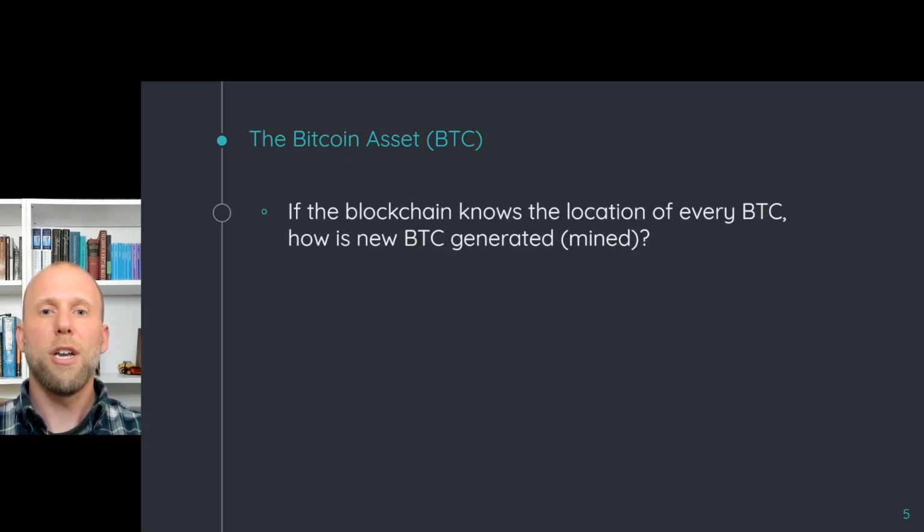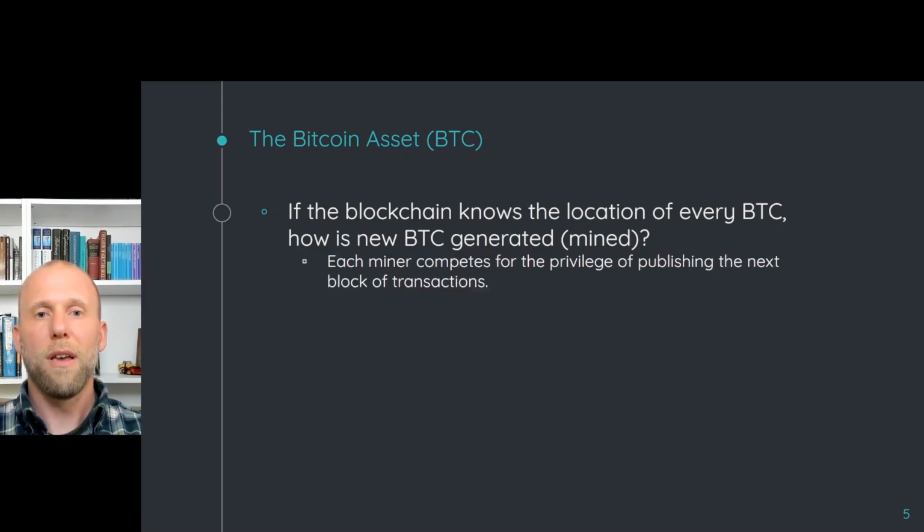So if the blockchain knows the location of every Bitcoin, how is new Bitcoin generated or mined? Like we said previously, it's when the miners do work and are paid. Every miner, or every computer that's a miner, is competing for the privilege of publishing the next block of transactions.